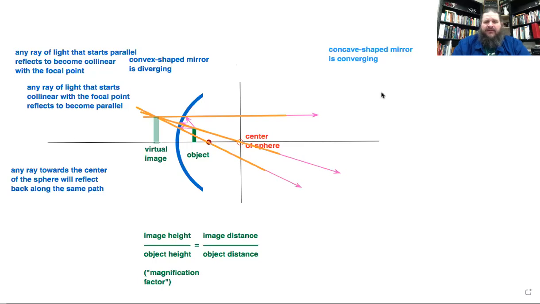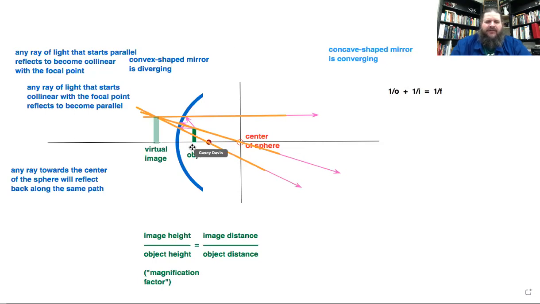The idea is that if you consider the object distance to be O and the image distance to be I, both measured from the surface of the mirror, the equation is 1 over O plus 1 over I equals 1 over F. So 1 over the object distance as measured from the mirror surface plus 1 over the image distance as measured from the mirror surface equals 1 over the focal length, again, as measured from the mirror surface. So they add inversely, which means if you know any two of those, you can immediately find the third one.